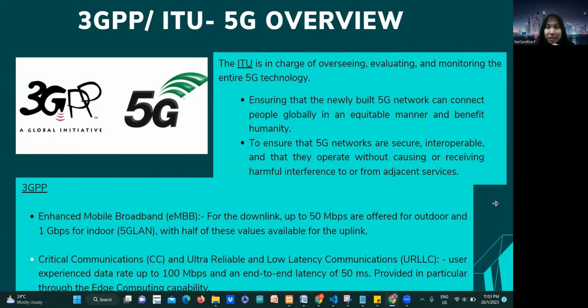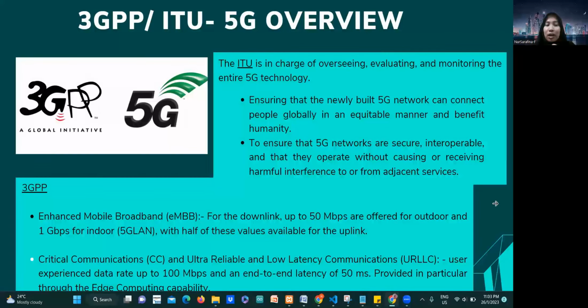The 3GPP is the network protocol that we must abide by, which for 5G will enhance the mobile broadband, eMBB. In other words, it has a higher data rate. For example, for the downlink, up to 50 Mbps is offered for outdoor and 1 Gbps for indoor.